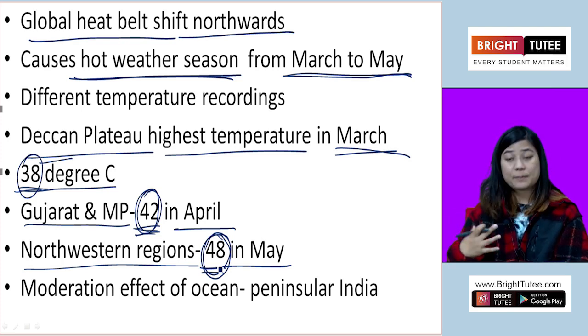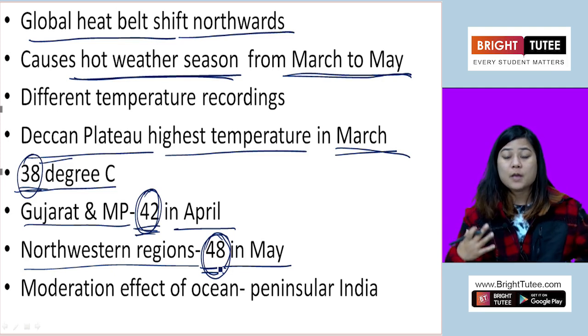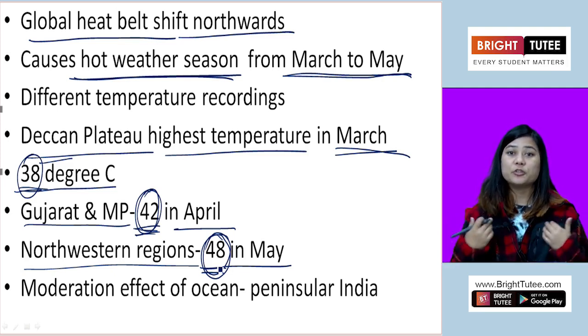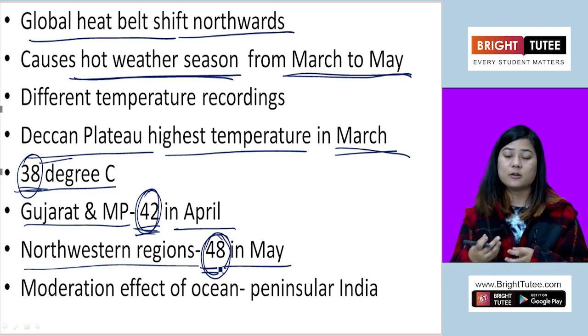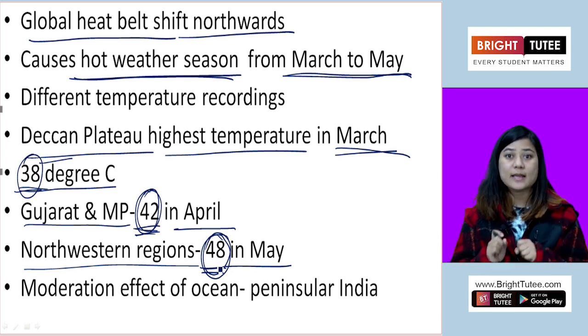Now, if you come to the peninsular part of India, we have already done this in the earlier sections, and I have repeatedly told you, because it is surrounded by water bodies on three sides, the climate, the temperature, the weather that it experiences is always influenced by that.